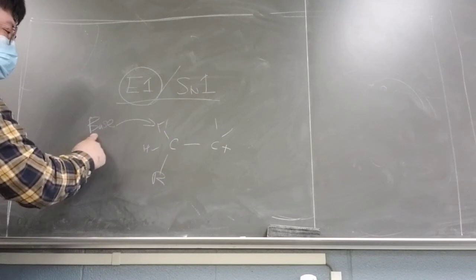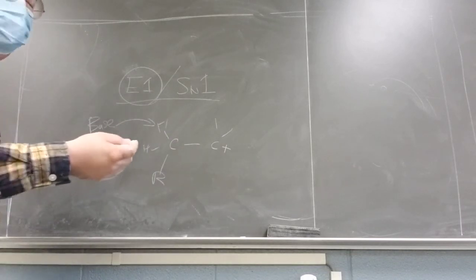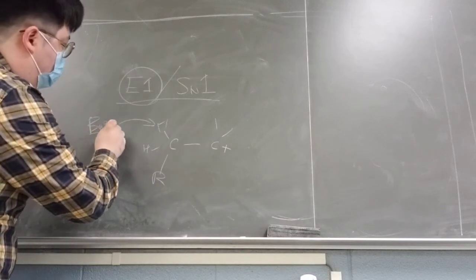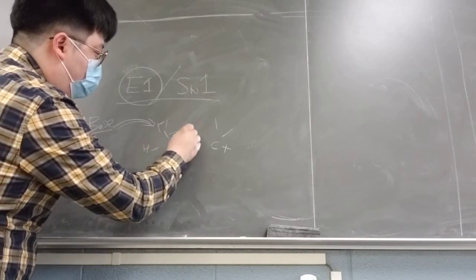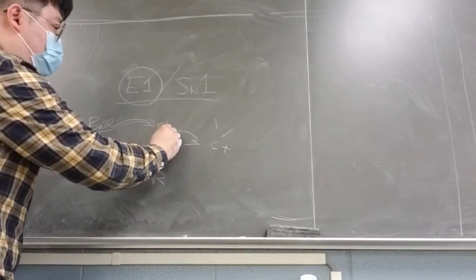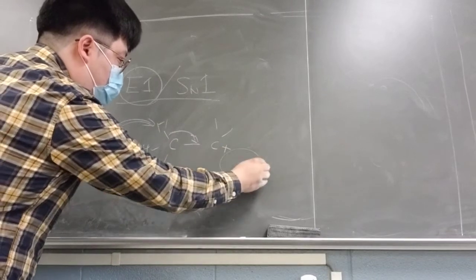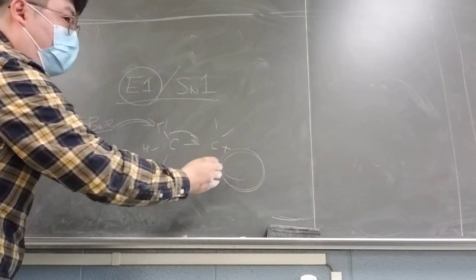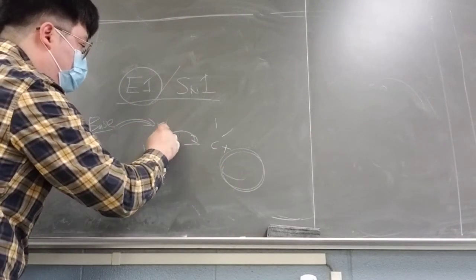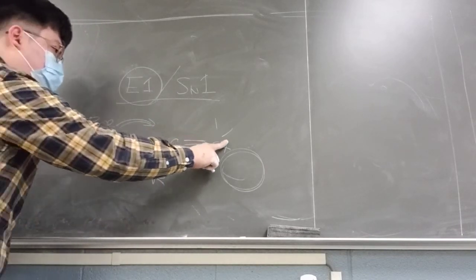It doesn't have to be an actual base. It behaves like a base. Anyway, this one grabs the hydrogen and then goes there. So it's also two steps. This is the rate-determining step there. So this will now become an alkene, and the leaving group will be gone.